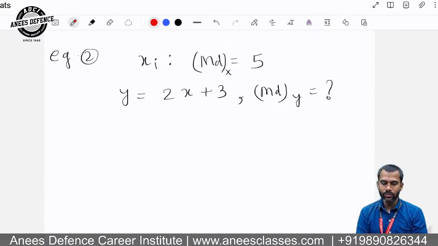Have you understood the question, online students? Median of x is 5, y is equal to 2x plus 3, then median of y would be what? Anyone? Online students, have you got the answer?